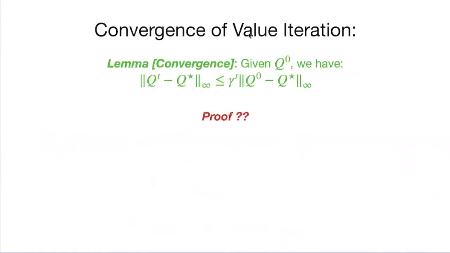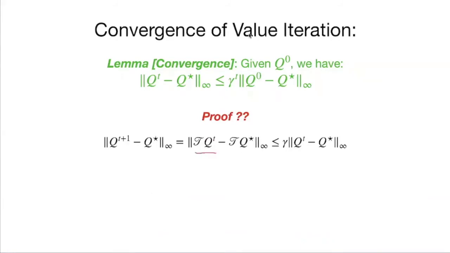All right, the rest is actually very simple once we've proved contraction. Starting from Q t plus 1, we can compute the difference between Q t plus 1 and Q star. Just write out the definition: Q t plus 1 is equal to T times Q t.